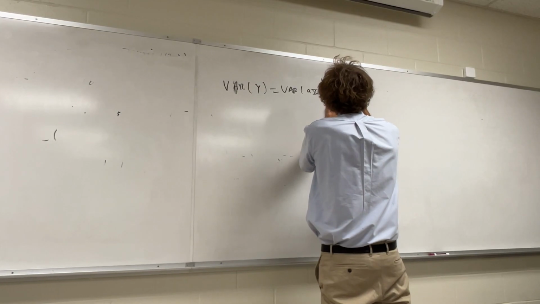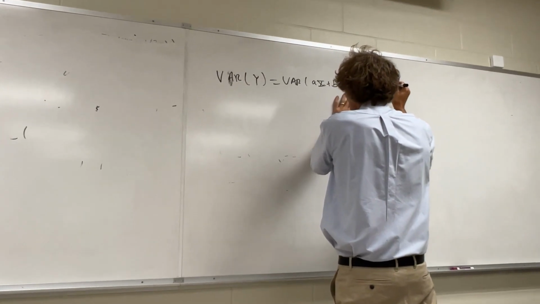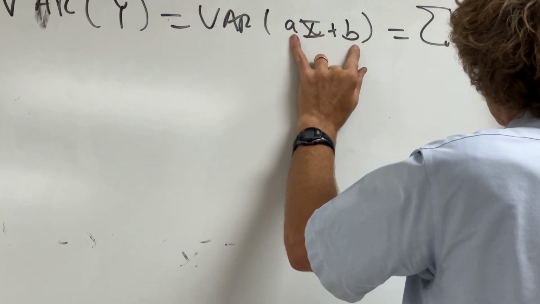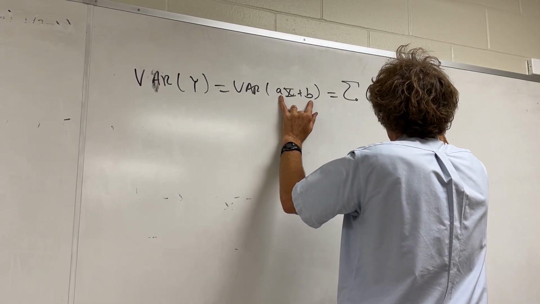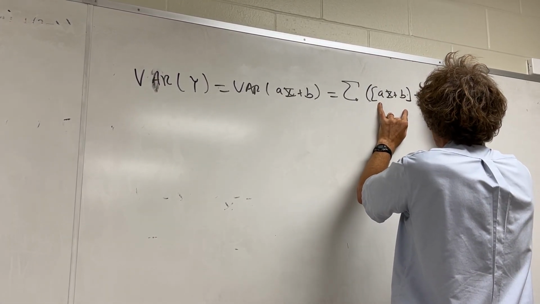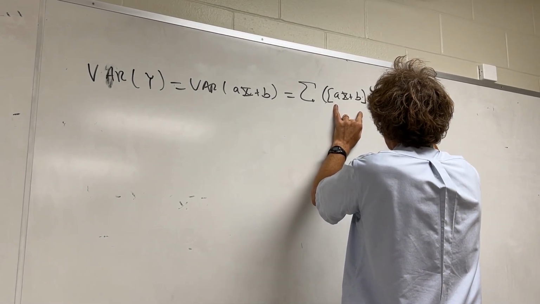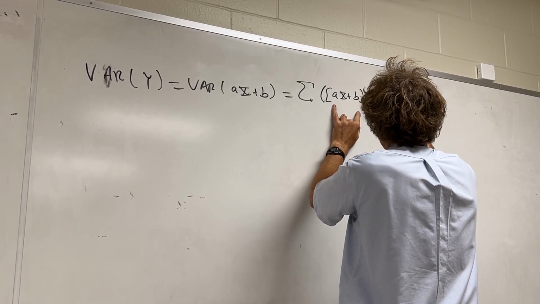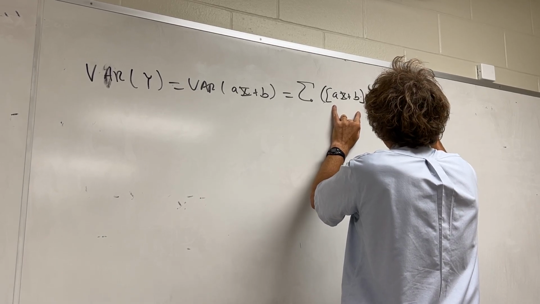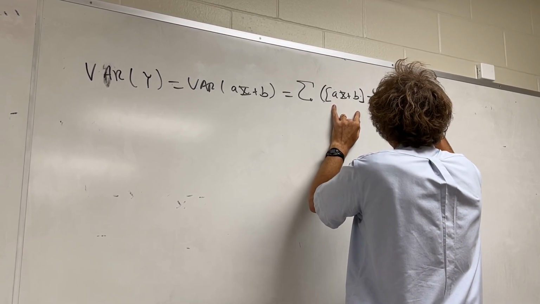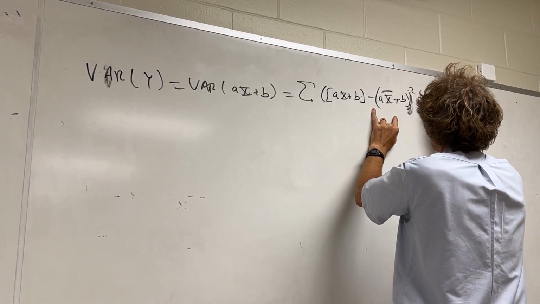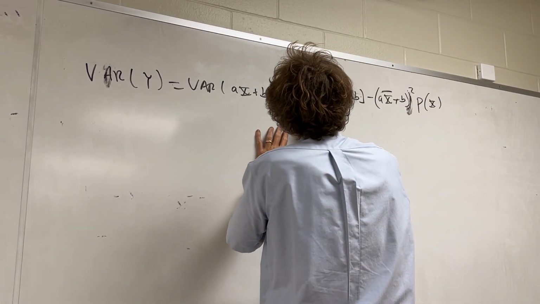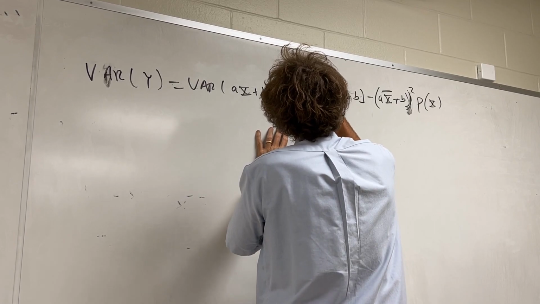Variance, if we're talking about a summation, in here it's going to be the functional form, which will be a x bar plus b minus the average value of this, which will be a x bar, I'm trying to show you that this is the mean value of that, plus b, and it's going to be all that squared times the probability of each value of X. And here X will be equal to 0, whatever the values are, to n minus 1.